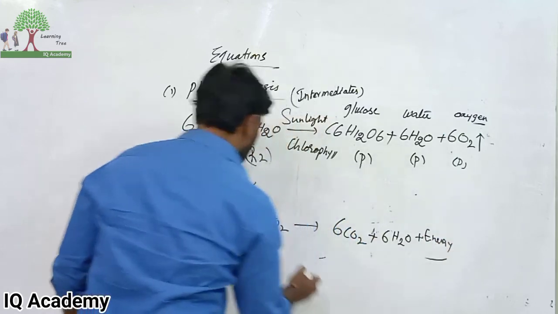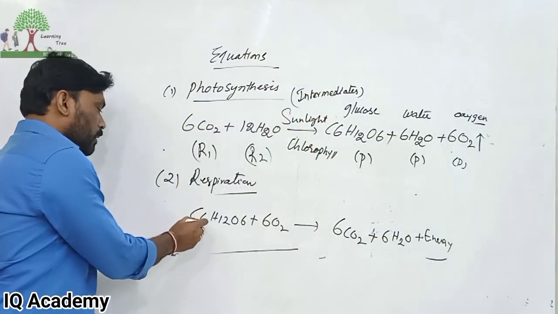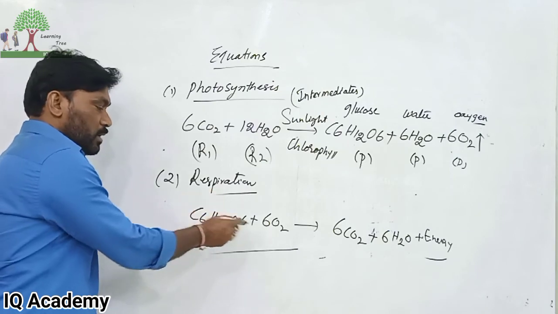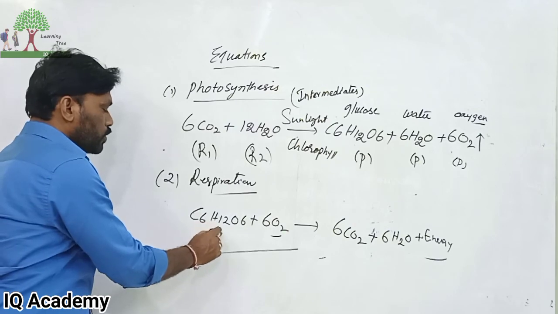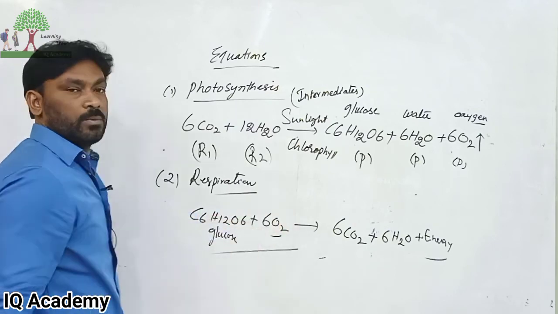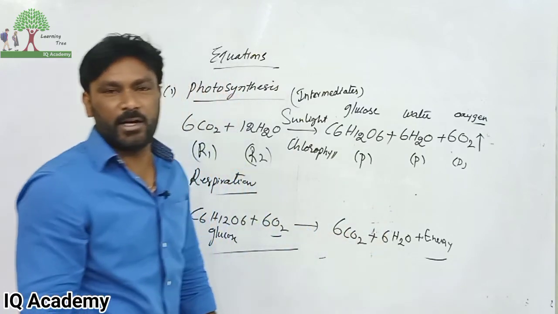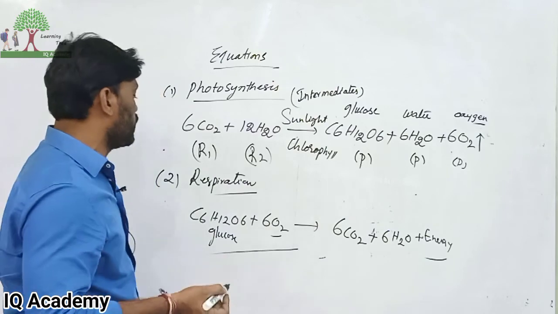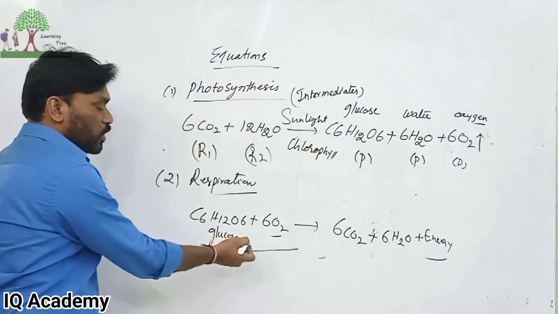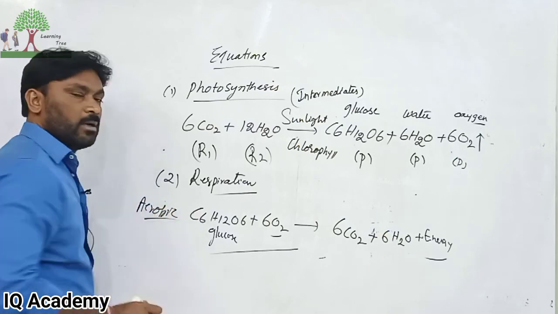This is the equation for respiration. During respiration, by utilizing oxygen, glucose changes into carbon dioxide, water and energy. Of the two types of respiration, we already discussed aerobic respiration. This is the equation for aerobic respiration.